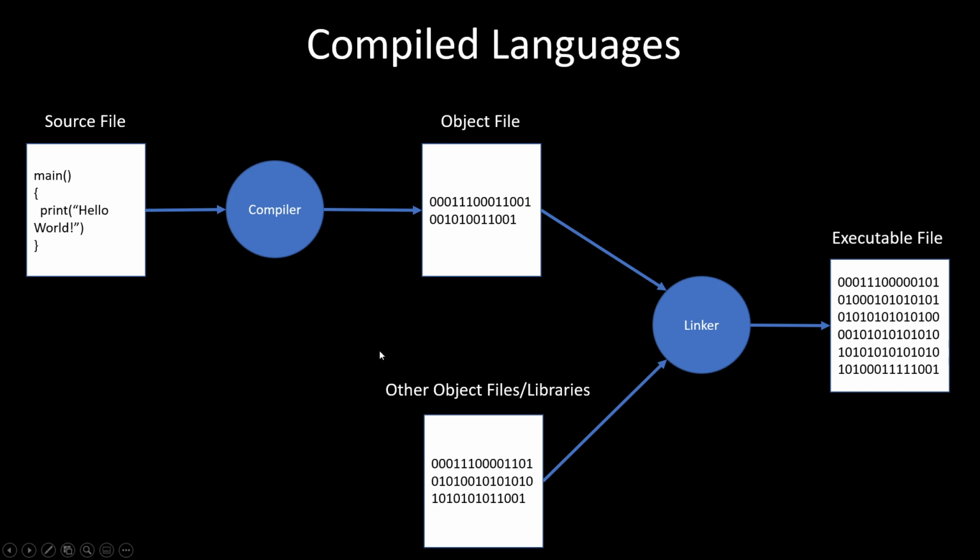And then usually what happens is that your code is dependent on a whole bunch of other code, whether you realize it or not. Sometimes you specifically are using what we call libraries. And libraries are nothing else than code written by someone else, right?